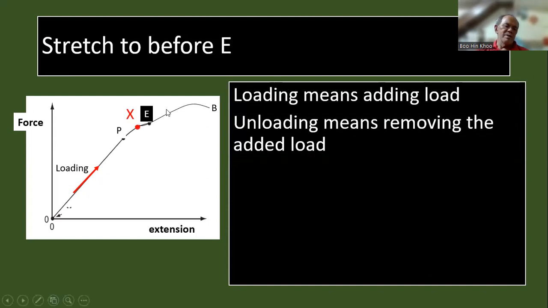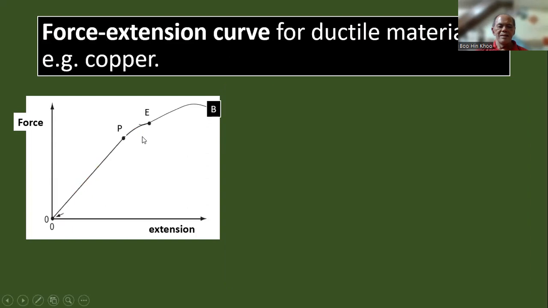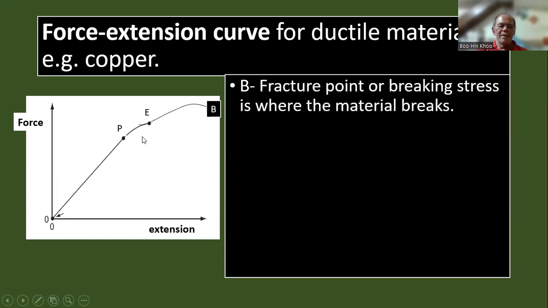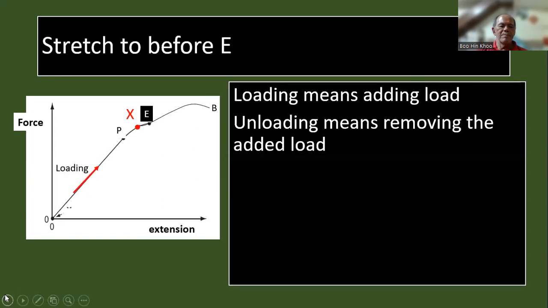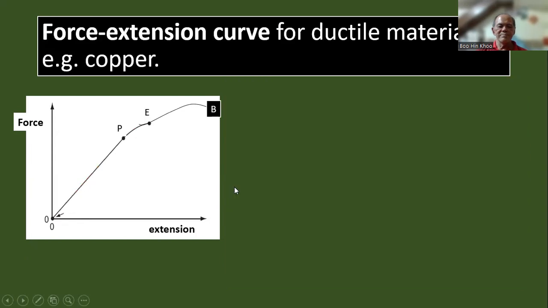So if we add the load, the force of the load until X, then unloading it, it will still follow the same line. It will still return to the origin.